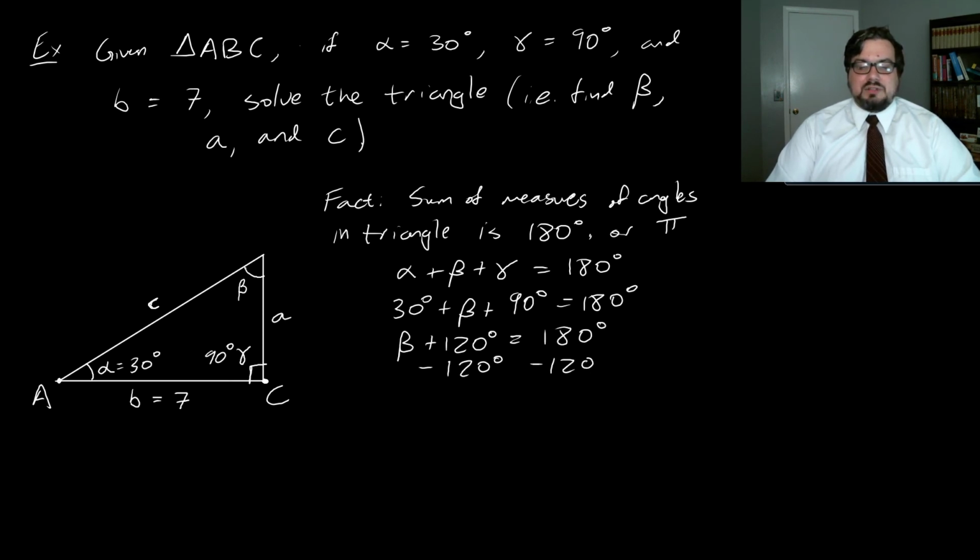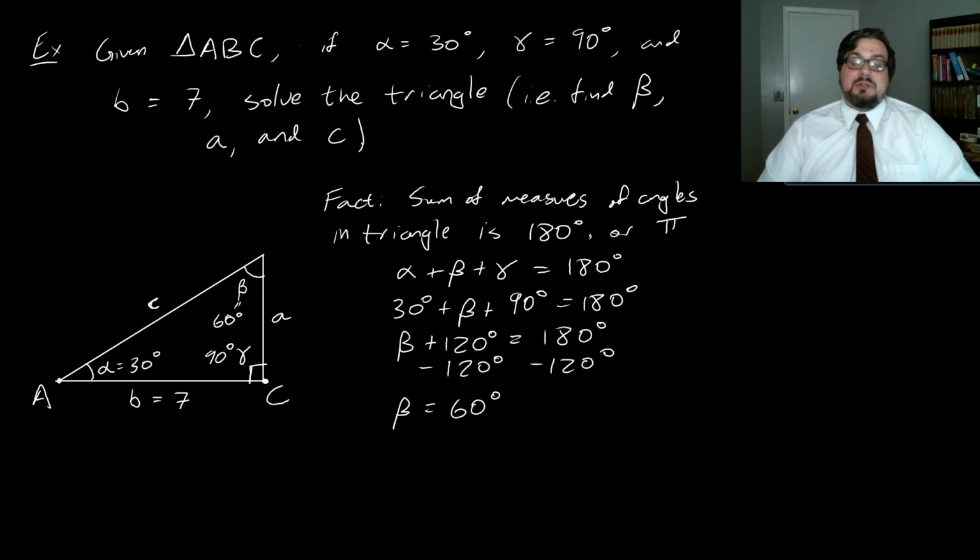Subtracting 120 degrees gives us beta is equal to 60 degrees. When you are given two angles in your triangle, figuring out the other one is always very simple, in fact. You just subtract the two angles that you know from 180 degrees, and you get what you need.